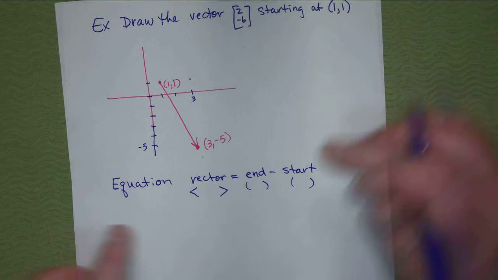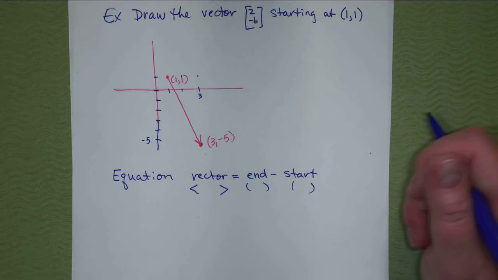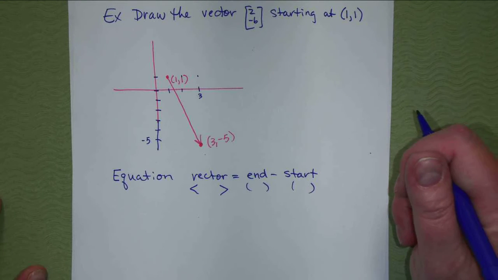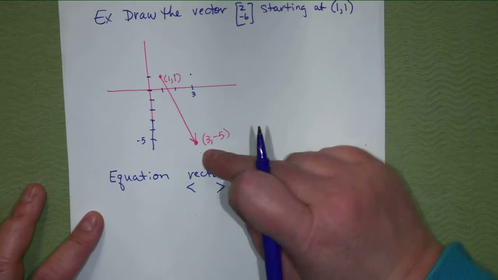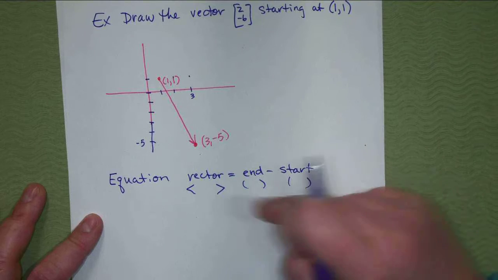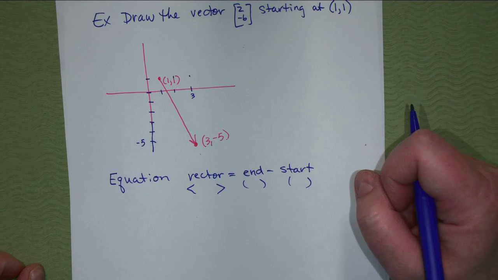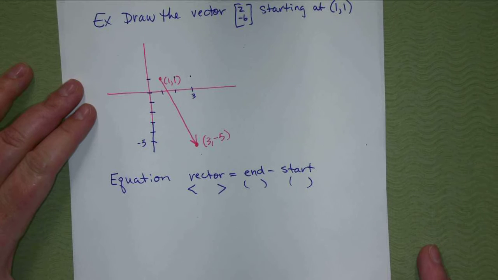If you know any two of these, you can rearrange it to find the third, right? So you don't actually need to draw it to find the end point. If it asked you to draw it, of course you would, but if all it asked for was what's the end point, you could take your vector and your point and plug them in here, and you would just rearrange and solve and get the same thing. Okay? Questions? So far, so good.